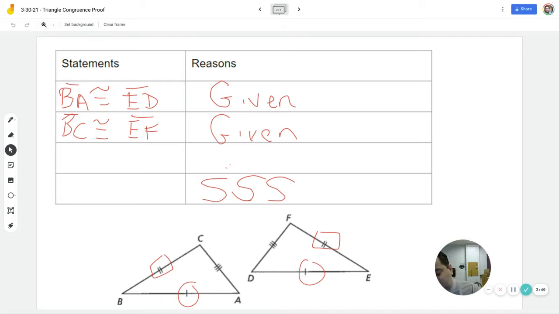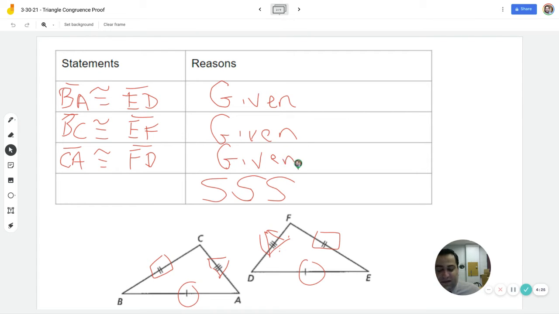And then lastly, I'm going to look at my third side here. Oh, well, we can see it's 3. So 3 to 3, and I have CA is congruent to FD. And that's also given.